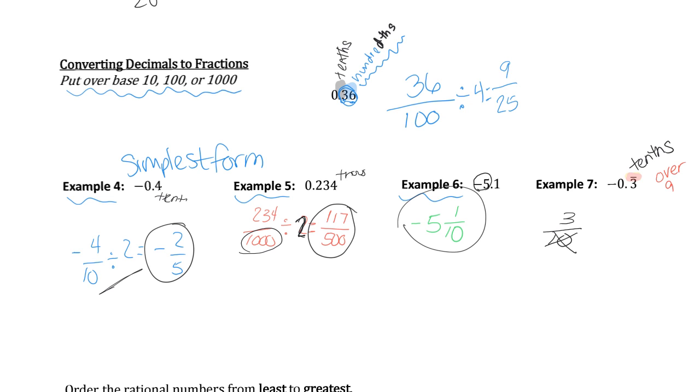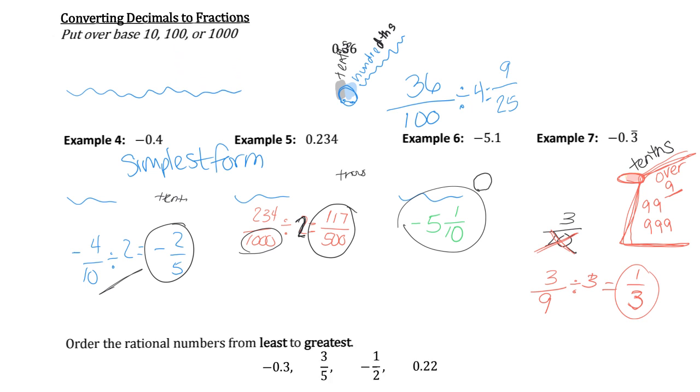So over 9, or 99, or 999, or what have you. Since it's the tenths place, it's really 3 over 9, which can be simplified by 3 to give us 1/3. Okay, so this repeating bar here tells us that we put it over 9. So I would make sure I write that in my notes. We put it over 9, not over 10.